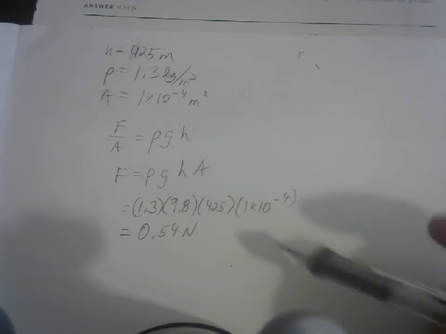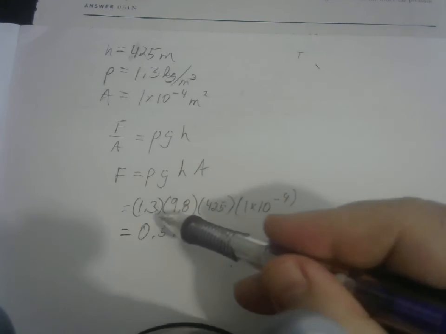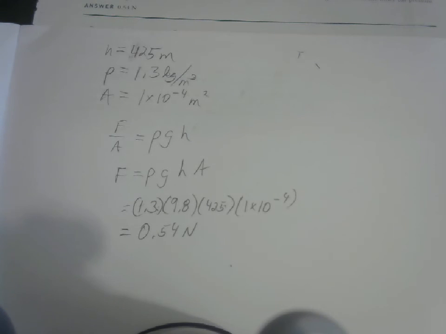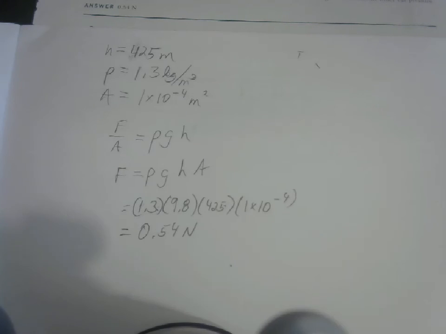And here we've got a much greater height, but a much, much lower density. The height has been changed by a factor of about 100, and the density has been changed by a factor of about 1,000.